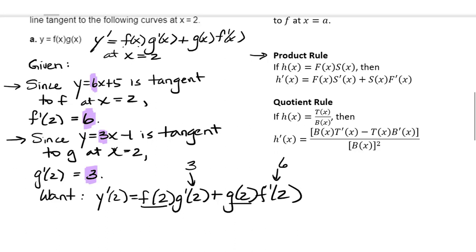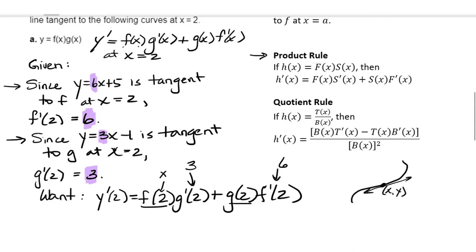Well, remember that when you have a function and you have a line tangent to that function at a particular point x, y, that point x, y is actually on both the tangent line and the function itself. So we're being told the x value of that point, and we can plug into the tangent line to figure out what y value goes with it.